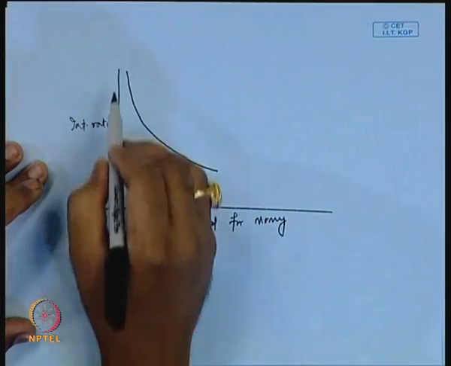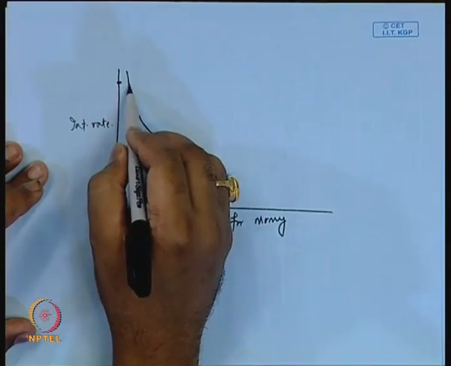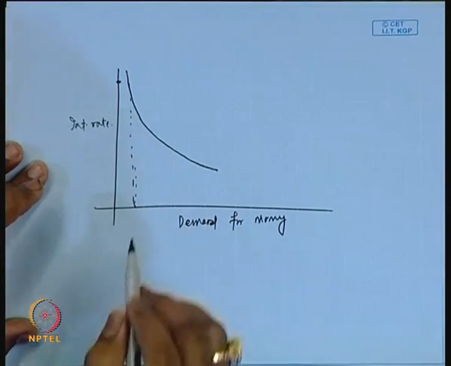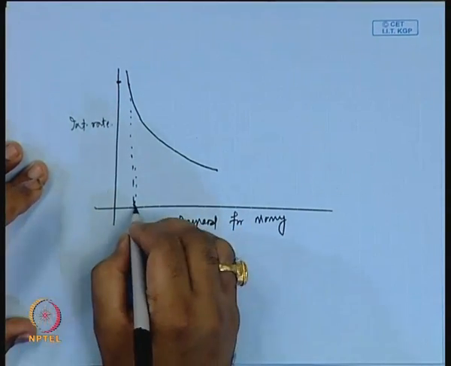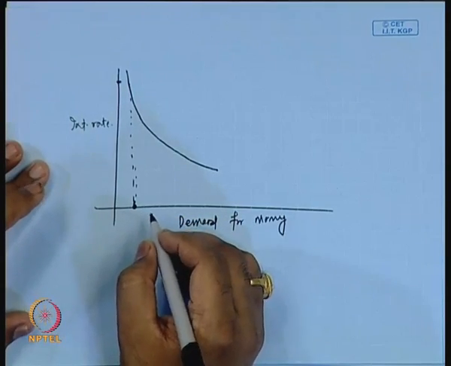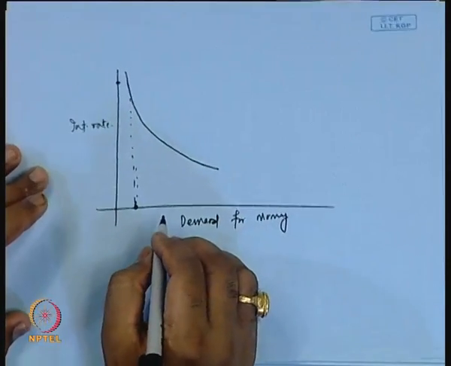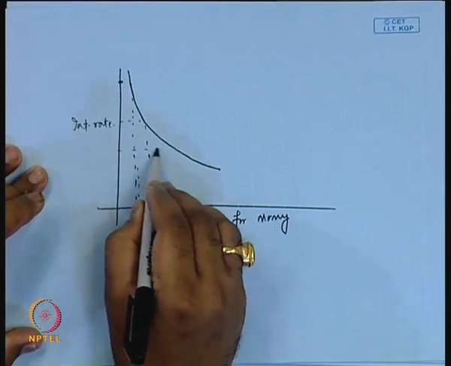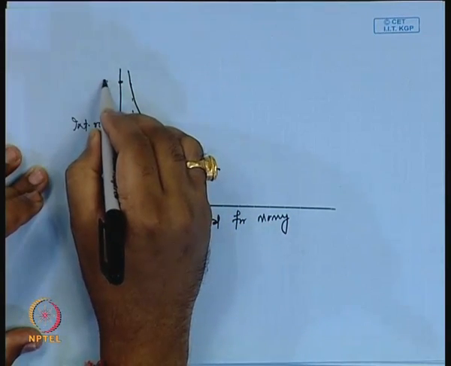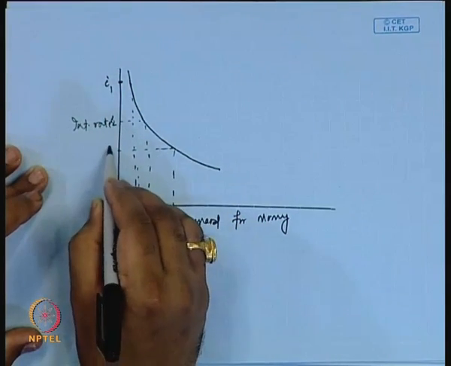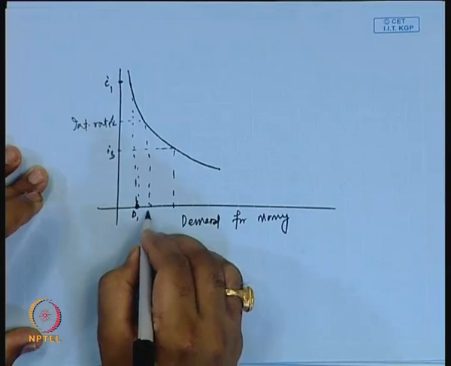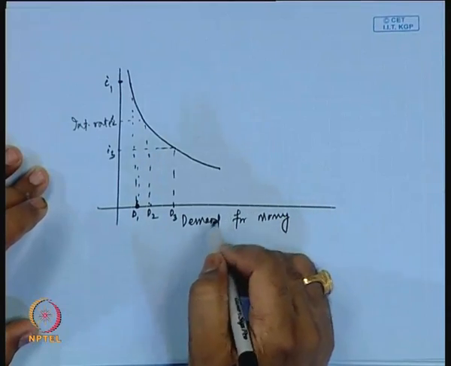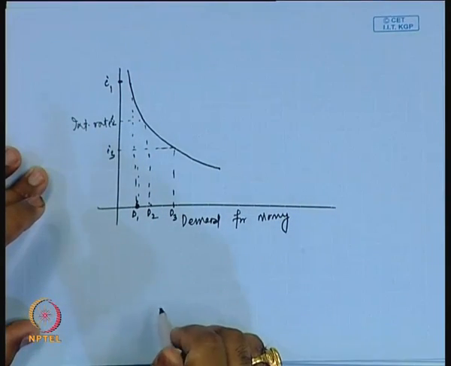That means if the interest rate is very high, the demand for money will be low, because people do not want to hold money, they want to invest it in certain assets. When the interest rate goes down, the demand for money increases. Let this be I1, this I2, this I3, and these D1, D2, D3. As the interest rate declines, the demand for money increases.